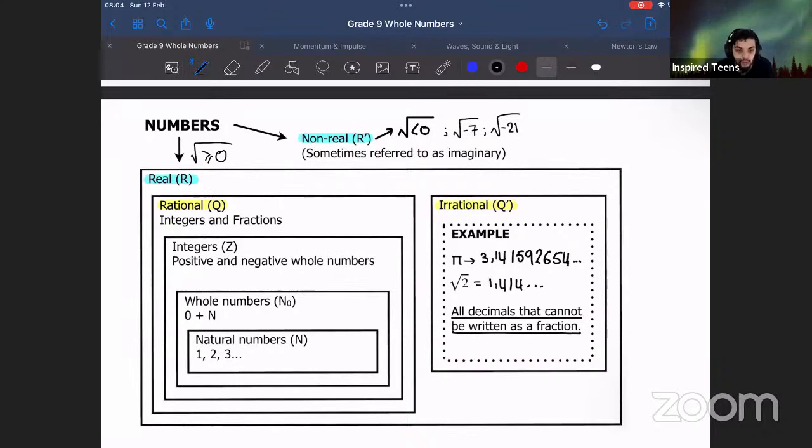These are non-terminating decimals. We don't know the entire value, and that's what we would refer to as an irrational number, when it has decimals continuing on forever.